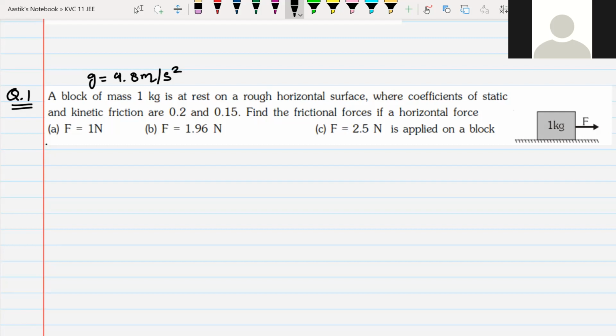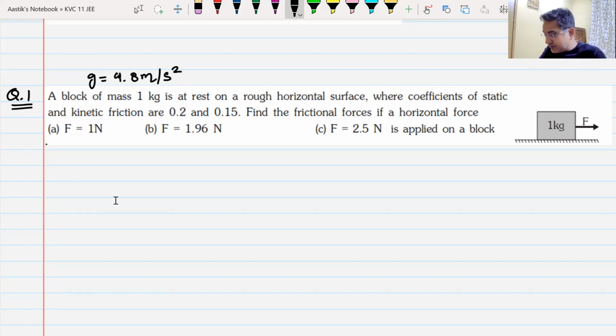Okay, I think I've given you enough time to solve it. Let us now go ahead and solve this question. How are we supposed to solve it? We just have to do simple things, and if we do them correctly, we should be there with our answers.